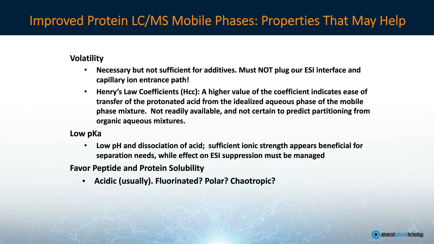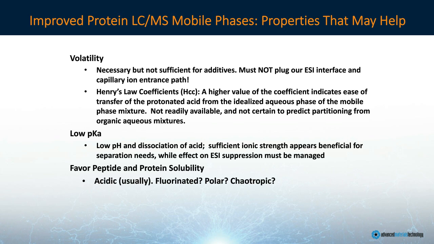For those of you who do LCMS, you know that you do not want to plug your source. You need something that's low pH, something that's sufficient in terms of its ionic strength, which appears to be beneficial for separations, and something that won't suppress your ionization as well.